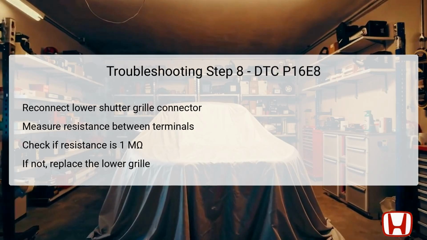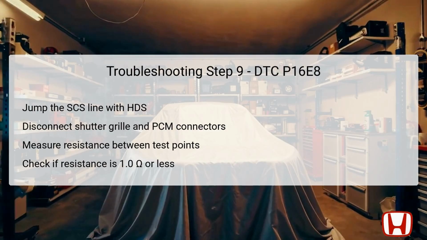The established threshold of 1 megaohm again serves as a benchmark. If resistance meets this value, it indicates no issues with the lower shutter grille's operational wiring. In the event that resistance falls below this threshold, replacement of the lower shutter grille is required, as it suggests internal faults preventing proper communication and operation.